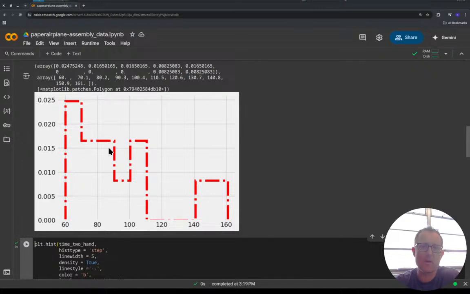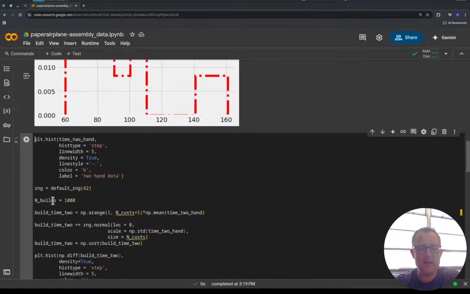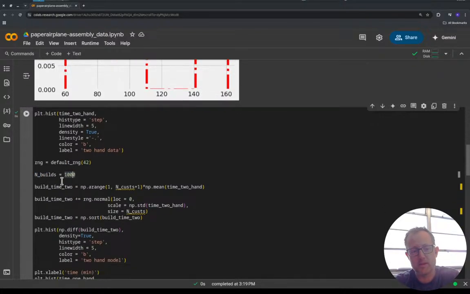Then I'll generate random numbers for as many builds as I want to consider. So here I'll say that there are 1,000 builds. So we're going to build 1,000 paper airplanes. And this is not saying that someone's just going to sit down for the next 60,000 seconds or the next 1,000 minutes.